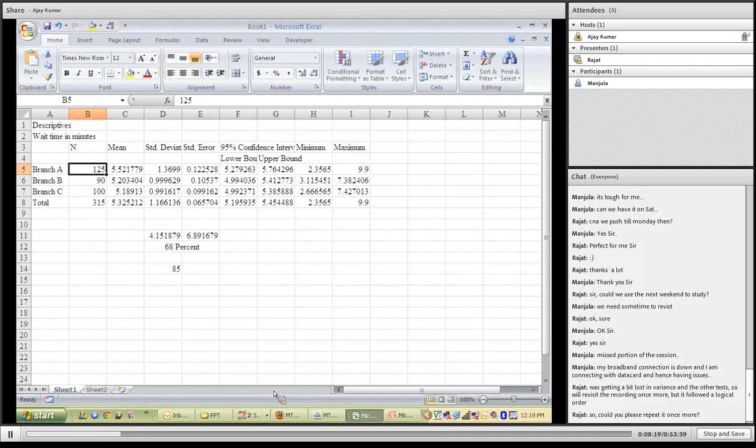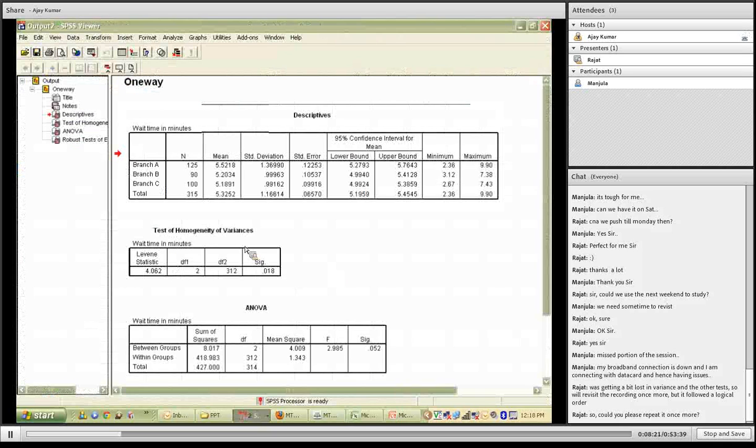Getting back to our output sheet, then we had to check the assumption of ANOVA, which is that variance across these three groups, which is A, B and C, should be equal, right? So that is checked by Levene statistics. That is something that we were talking about. This is Levene for you. So Levene statistics is giving us a significance value of 0.018, which obviously is less than 0.05 at 95% level of significance.